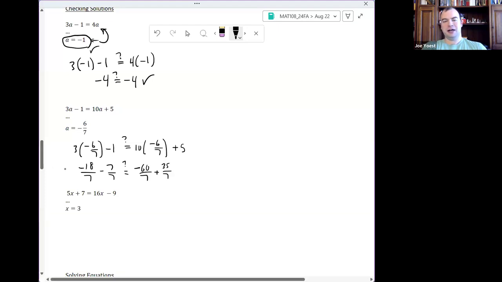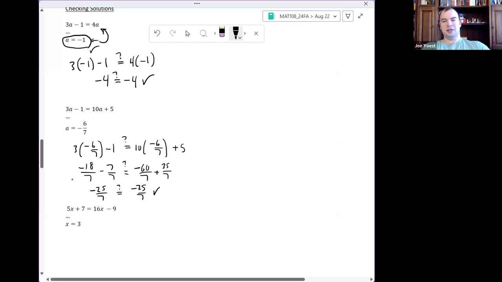I just multiplied my 5 by 7 over 7, and same with my -1. Or this would be -18 minus 7 is -25 over 7. Is that equal to, well, -60 plus 35? I think that is also -25 over 7.